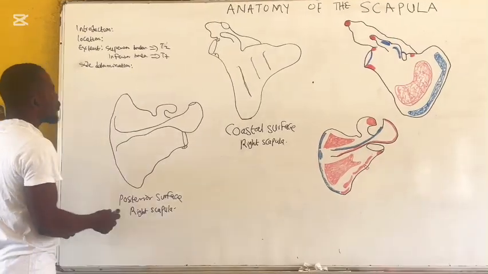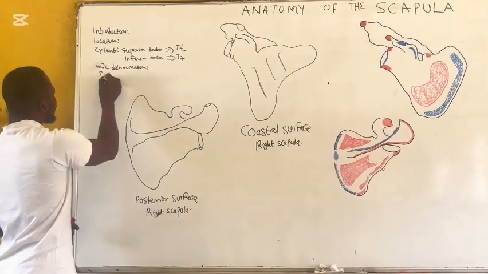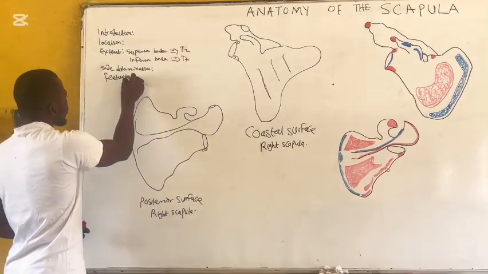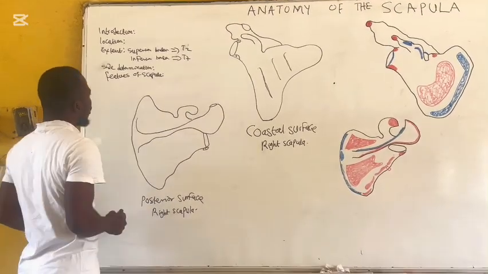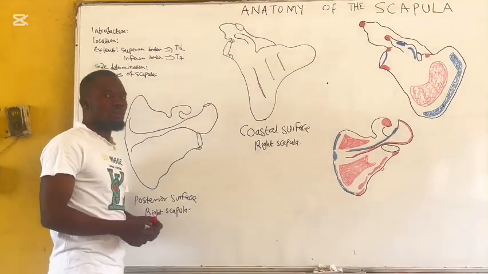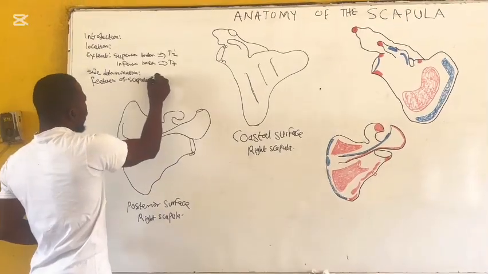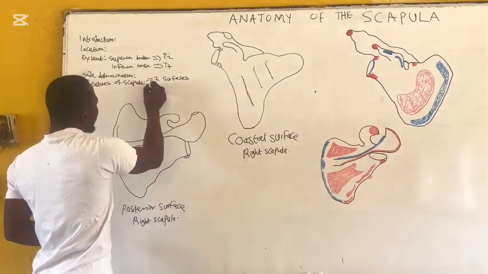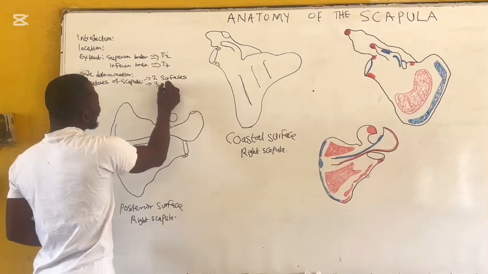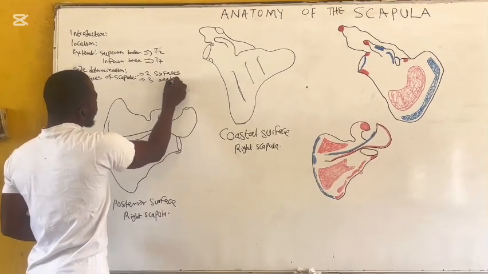The next is the features of the scapula. One, it has two surfaces. Two, it has three angles.